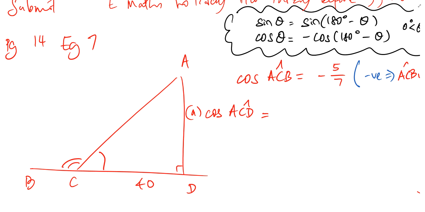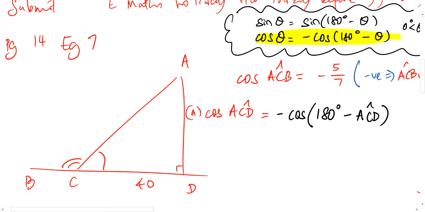Okay, can you all please look at this formula over here and think? I give you some time. A highlighted formula. Okay, question 1's ACD. So cosine ACD equals negative cosine of 180 degrees minus ACD, I'm using the formula right now. All agree?